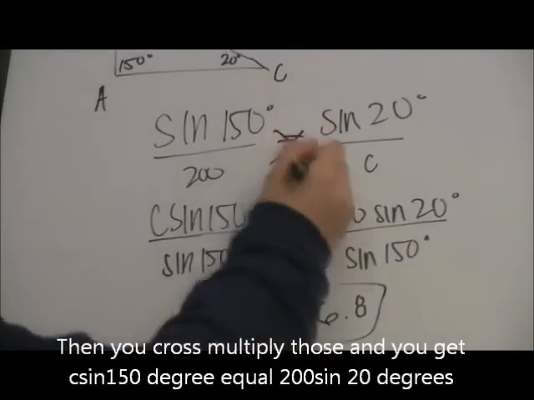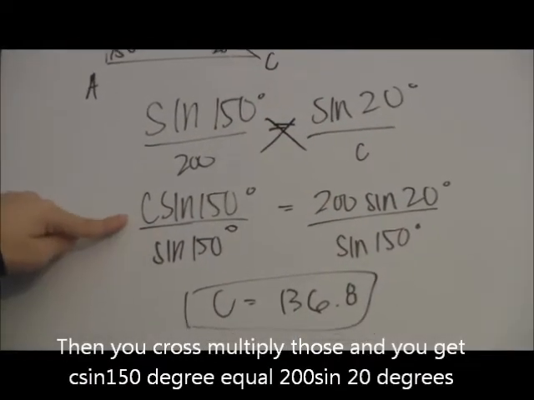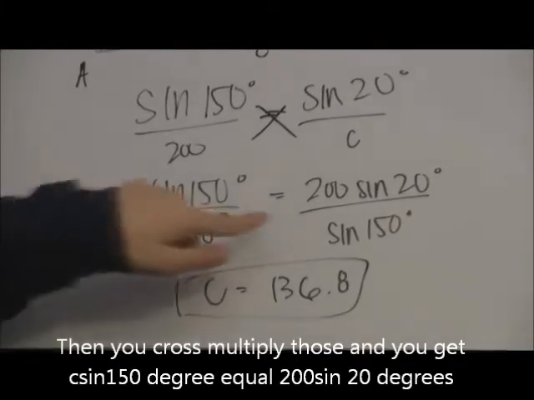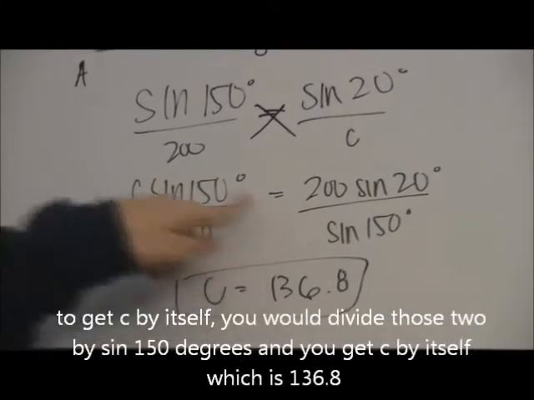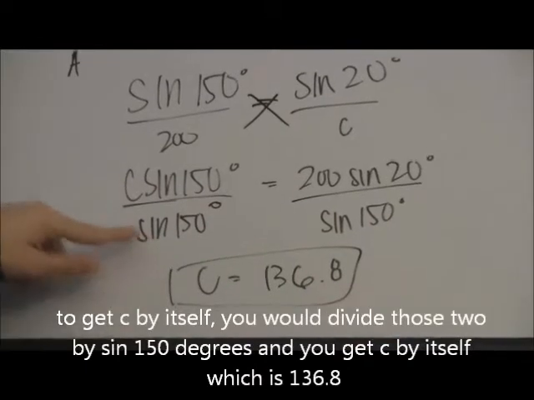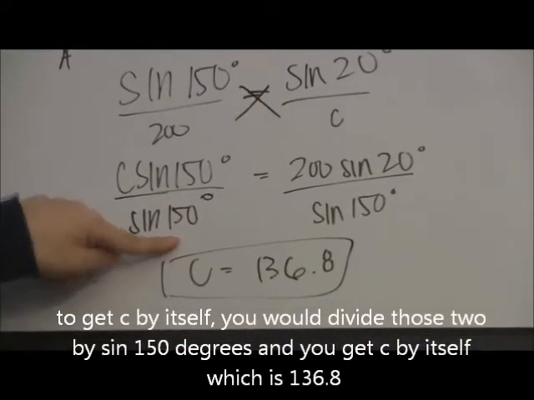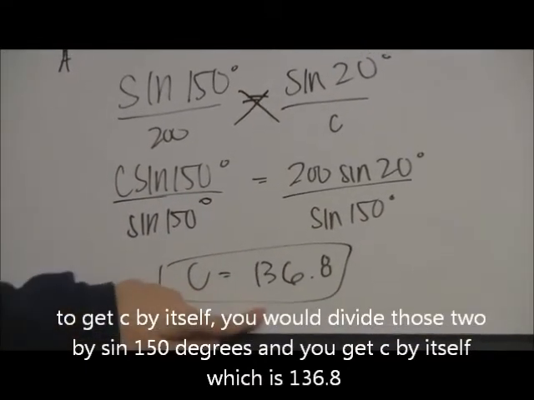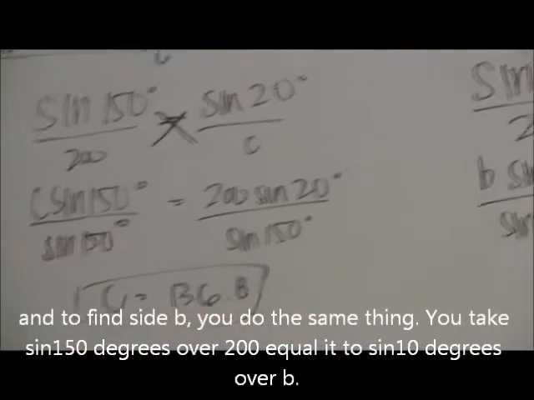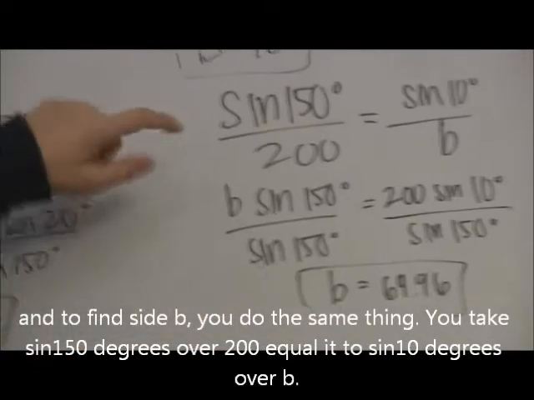Cross multiplying, you get c sin 150 degrees equals 200 sin 20 degrees. To get c by itself, you divide both sides by sin 150 degrees, and c is 136.8.